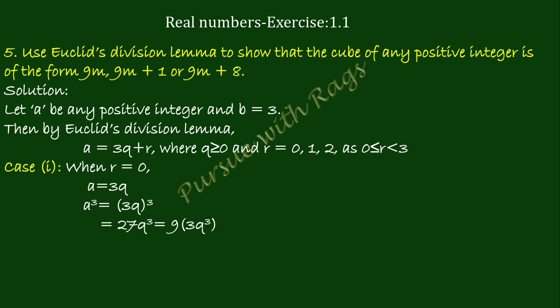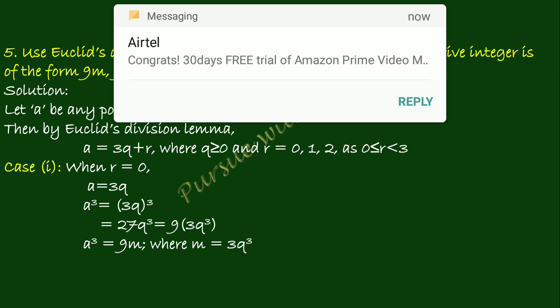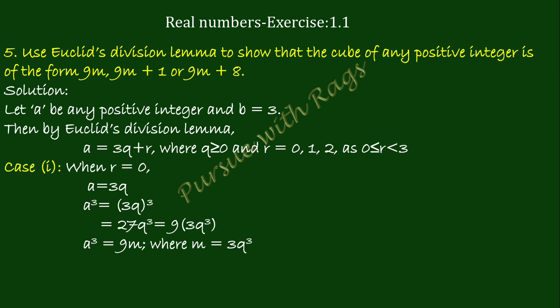So if you take 9 outside, you will get 9 into 3q cube. So instead of this 3q cube, we are going to substitute one integer m. m can be any integer, right? So a cube is equal to 9m.